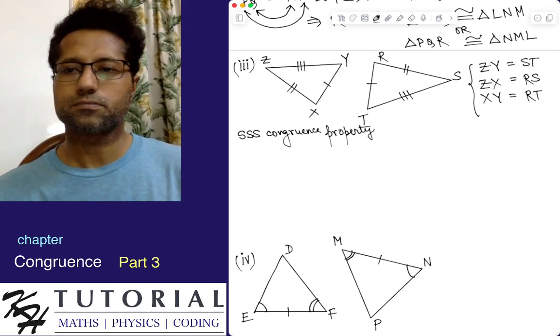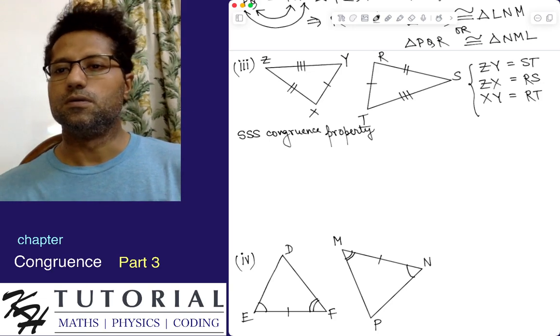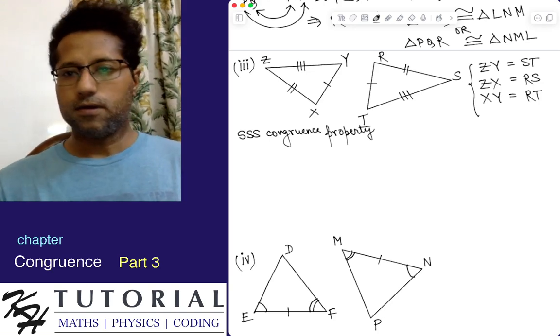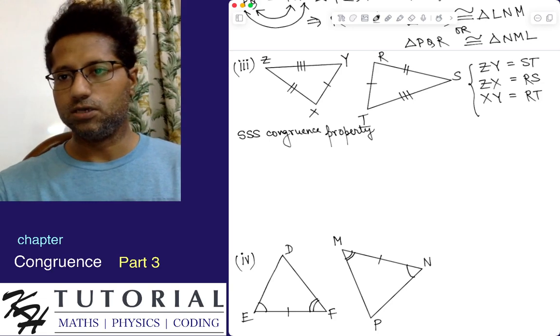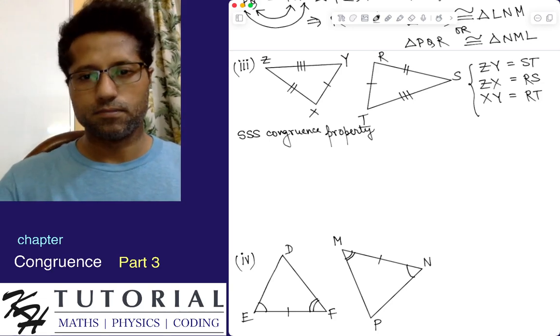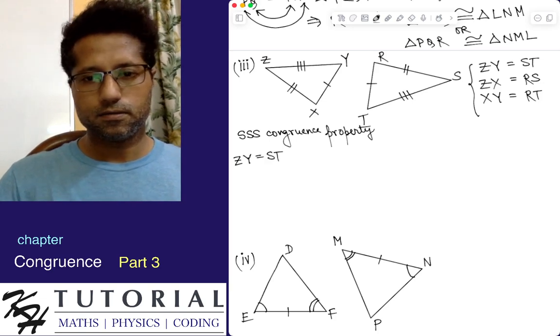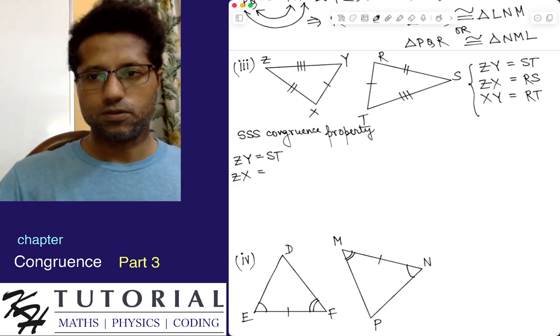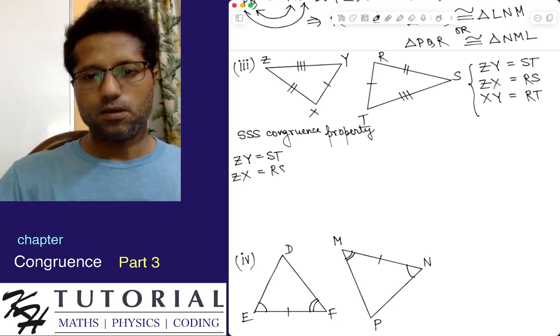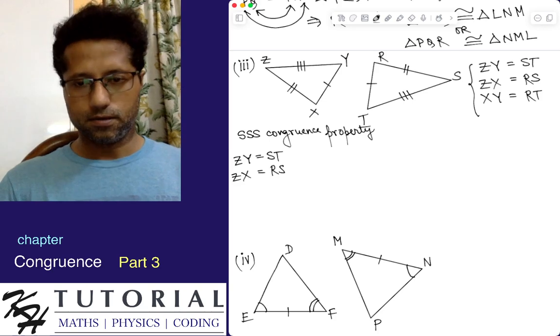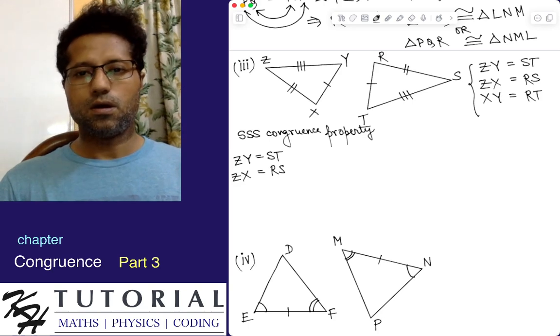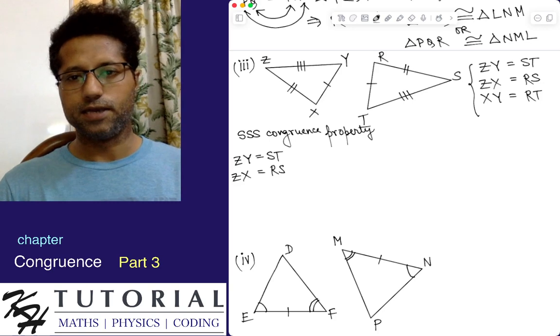How do we do it? You take two equalities of the sides at a time. Let's say I take ZY equals ST and ZX equals RS. You see which is the common letter in the two sides of the triangle XYZ.